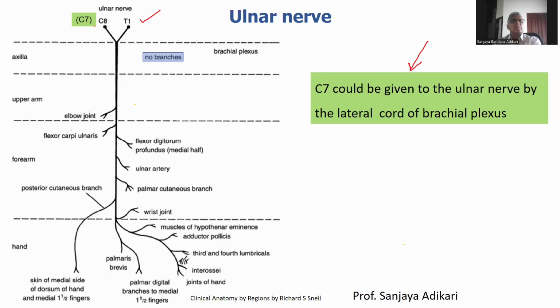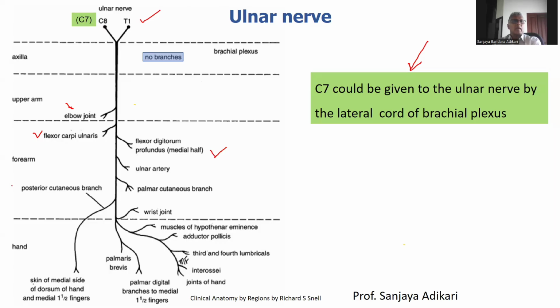So C7, C8, T1. Again, no branches in the axilla or arm, except for a small branch to the elbow joint. So the main branches are given in the forearm and hand. In the forearm, it supplies the flexor carpi ulnaris and the medial half of flexor digitorum profundus.